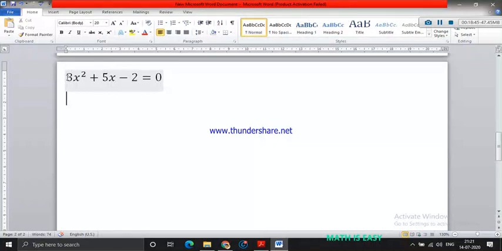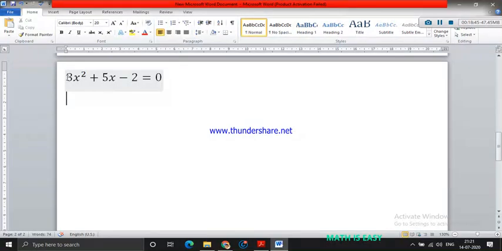So that means here I can conclude that alpha plus beta, let me copy here, alpha plus beta will be equals to minus b upon a is equals to minus 5 by 3. This is one case.